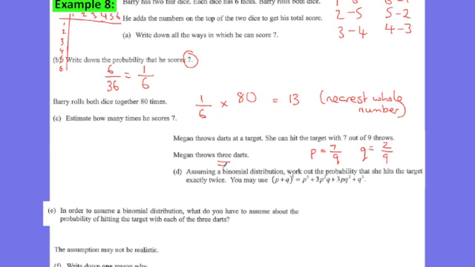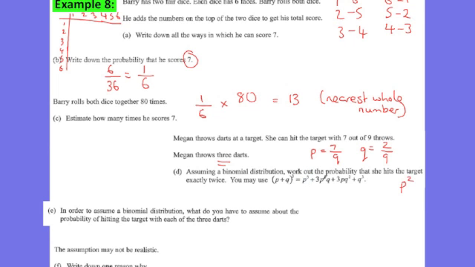We are then given the binomial expansion for the 3 here. She throws 3 darts, therefore the binomial expansion is for 3. This is where the 3 here is from. And we're asked to work out the probability that she hits the target exactly twice. So P is squared if it happens twice. Looking at the expansion here, this means she hits the target 3 times.